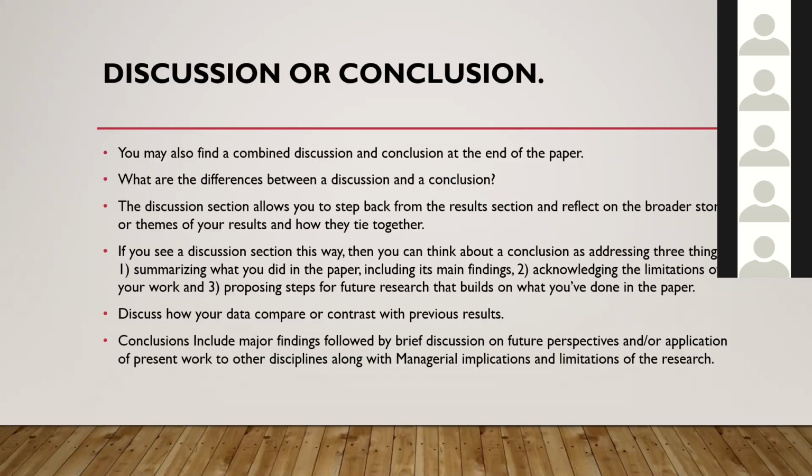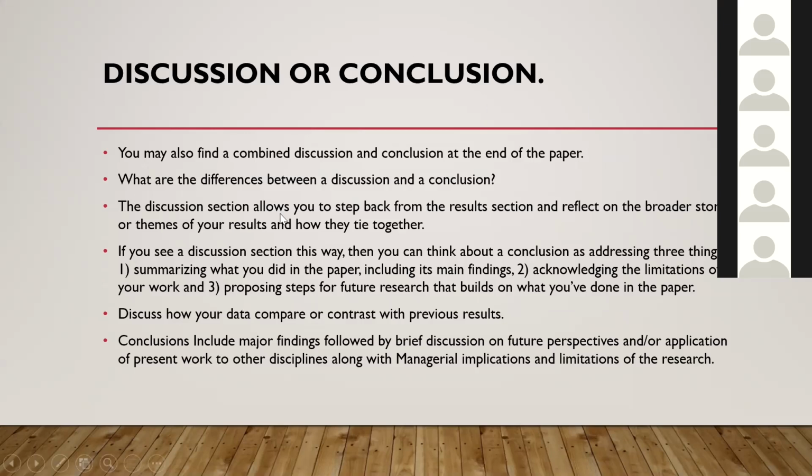Discussion and conclusion: on the basis of those numbers or findings, what do you suggest or recommend to the manager or to the research community at large? Those are called discussion or conclusion.